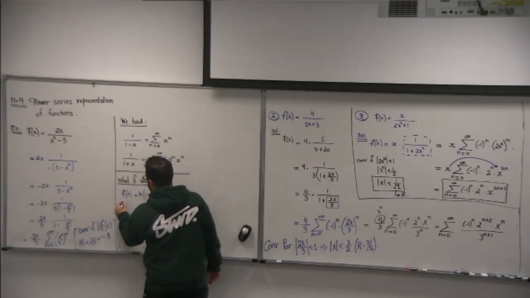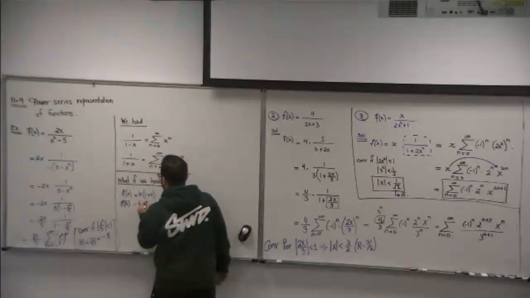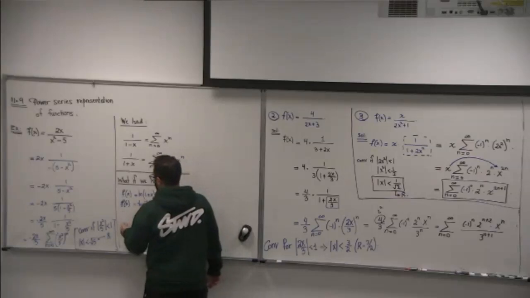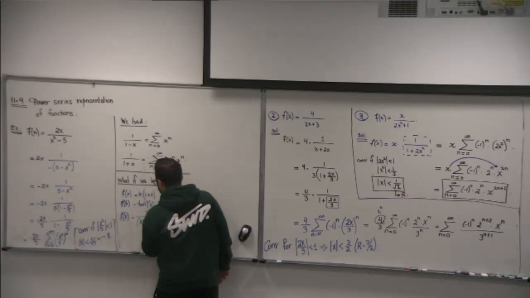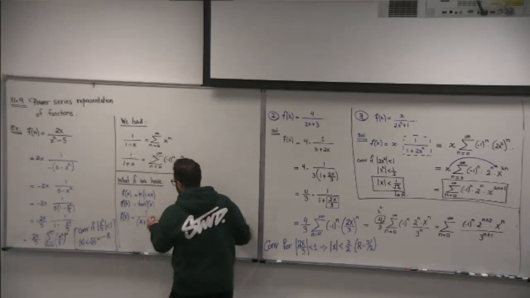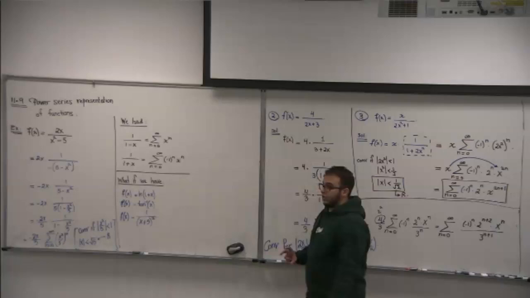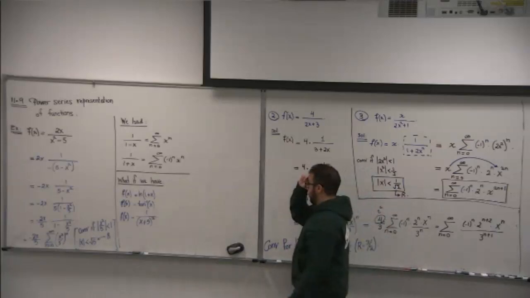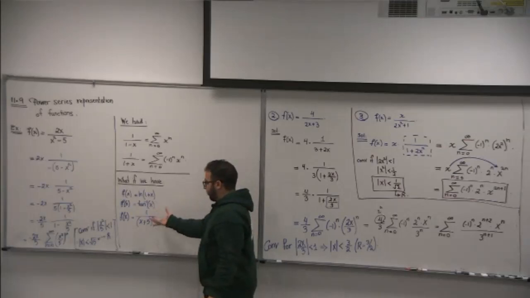Or f of x equals tan inverse of x. Or f of x equals 1 over x plus 5 to the power 2. These kinds of functions, these structures of functions: ln, tan inverse, 1 over this.